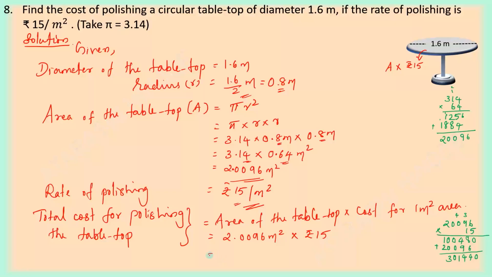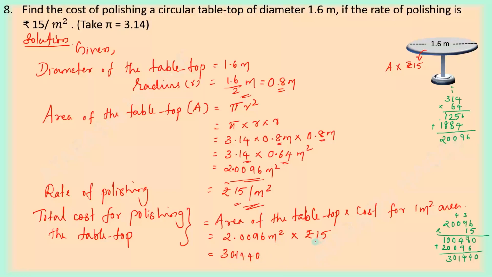That is equal to 301440. Next we have to put the decimal. Here after the decimal there are 4 digits. So from the right we have to move 4 places to the left. So 1, 2, 3, 4. Put the decimal here.